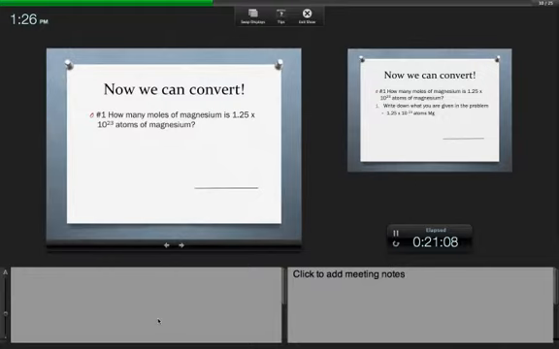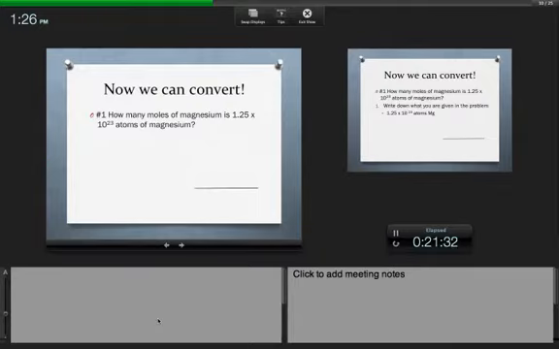So now I need to set up my conversion. The first step of any conversion is to write down the number you're converting. The number we're converting is the 1.25 times 10 to the 23rd atoms.